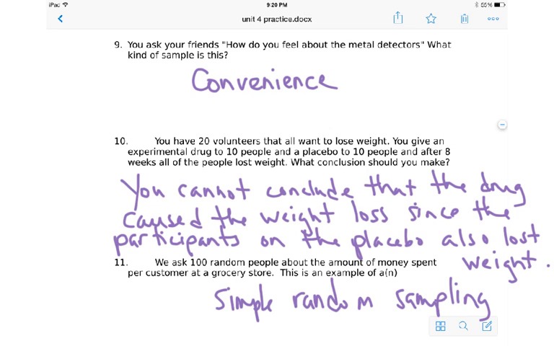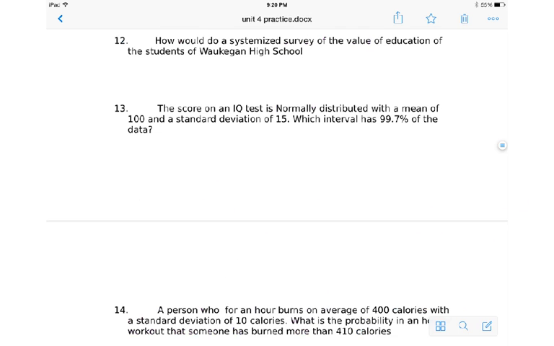Why? Because they told me it was 100 random people. It's not necessarily convenience because they didn't say it was done at the grocery store. It's not self-selected because these people didn't necessarily volunteer. It's definitely not systematic. So we have only one other choice, and that's our simple random sampling.